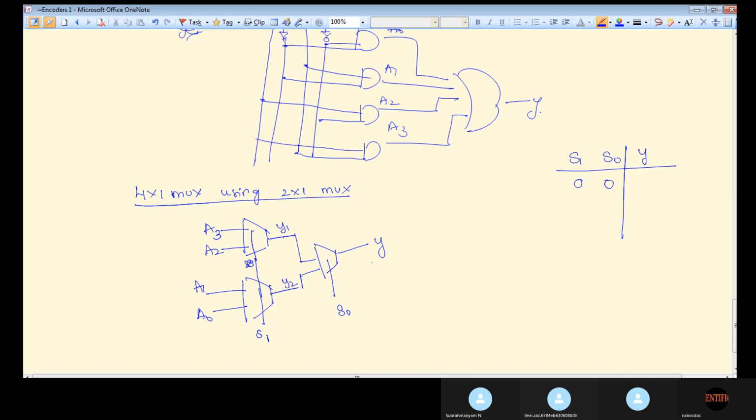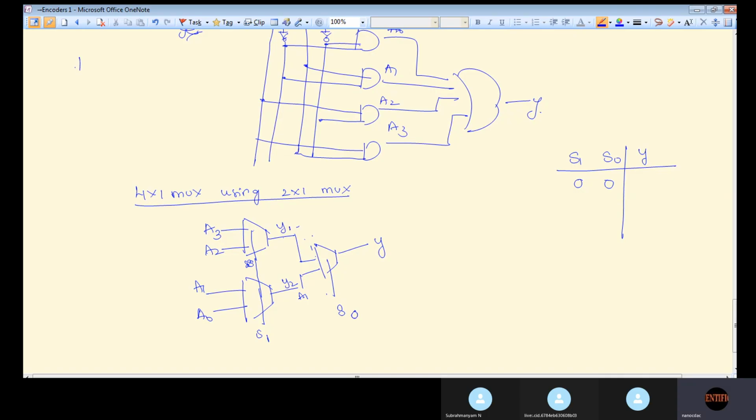S1 is 0, what comes here, tell me. For the 2 by 1 muxes, if it is 0, let us suppose A3 will be your output here, and here A1 will be your output. So let us look at this A3 A1. I am giving you the logic, analysis is very important.